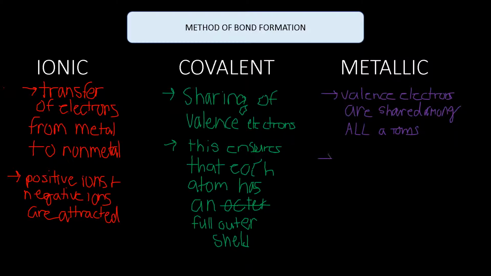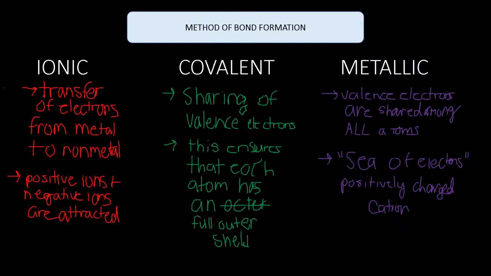Many teachers refer to this as the sea of electrons. And this occurs with positively charged cations. So it's basically a bunch of cations floating around in this sea of electrons, and they're attracting to valence electrons.